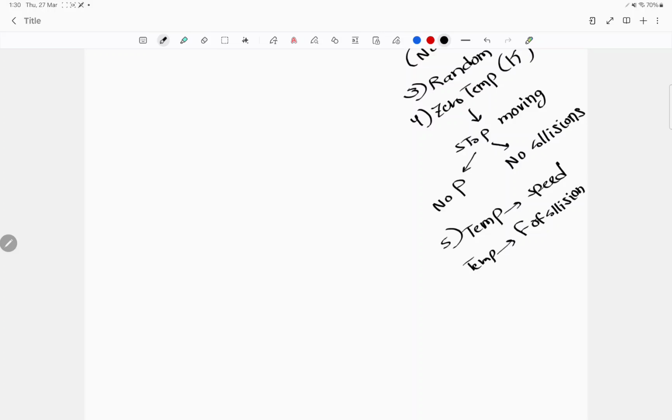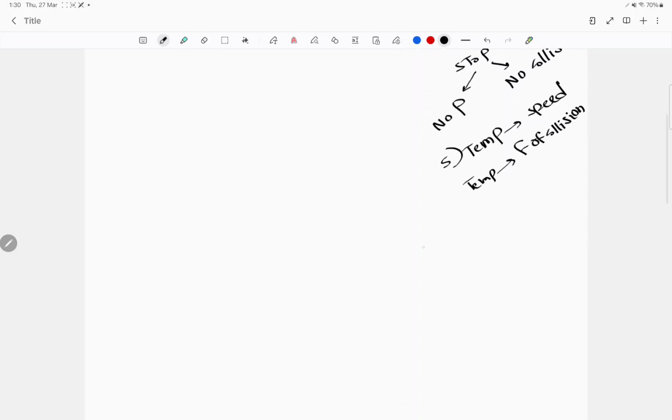So if we have a constant temperature, it essentially means that we have a constant speed. And if we have a constant temperature, we also have a constant force of collision.